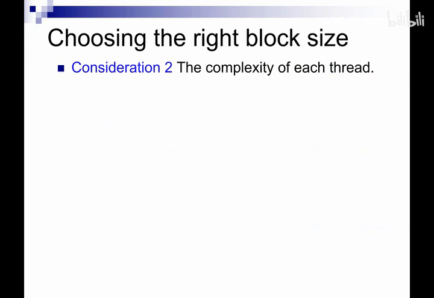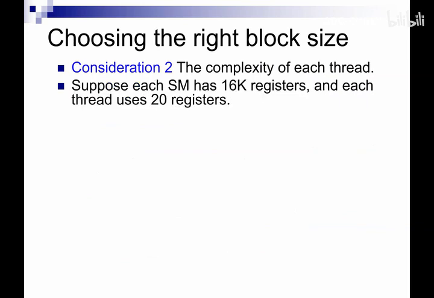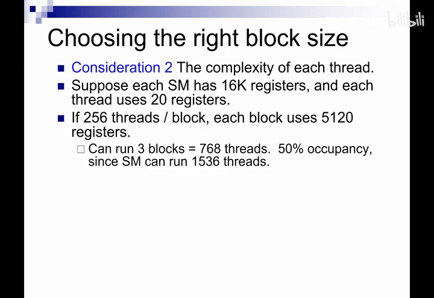All right, so next we need to take into account the complexity of each thread. Remember that each SM has thousands of registers, but there's a limit. Let's say in our case it's 16,000 registers. Suppose you have a bunch of threads that use 20 registers per thread. If you have 16 by 16 thread blocks, you have 256 threads per block, and they each use 20 registers.